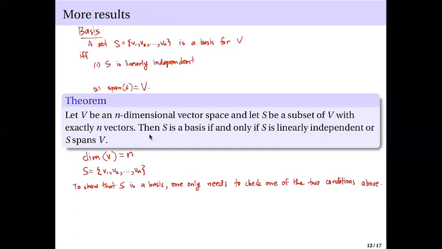Okay? So meaning you don't have to check both, just one. But again, these hypotheses must be satisfied. The dimension of V is n. Your S must contain exactly n elements. Okay? Questions?